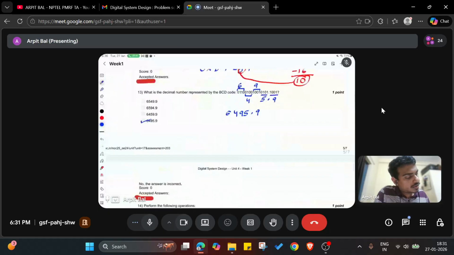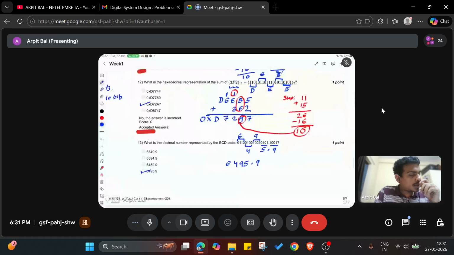Sir, again, what is BCD code? BCD is nothing but binary coded decimal. If you have noticed a 7 segment display, each segment represents 0 to 9, correct?